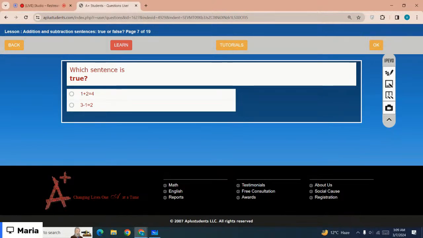Which is the correct option? Option number 2 is the correct option, right?